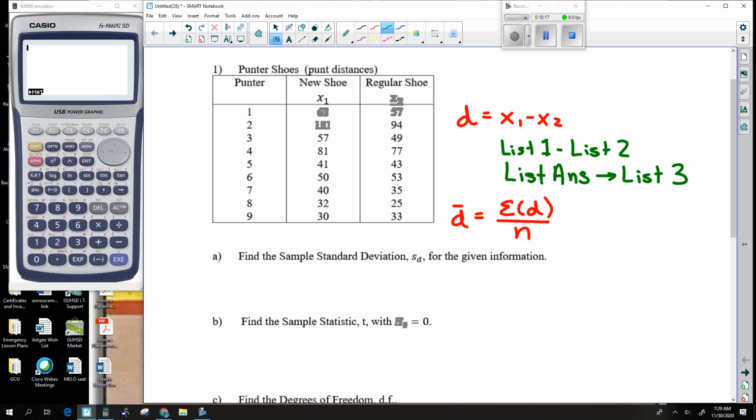That's how I start this process. So x1 is going to be list 1, x2 is going to be list 2, then I'm going to create this difference, which is going to be list 3. So let's go ahead and start with that.